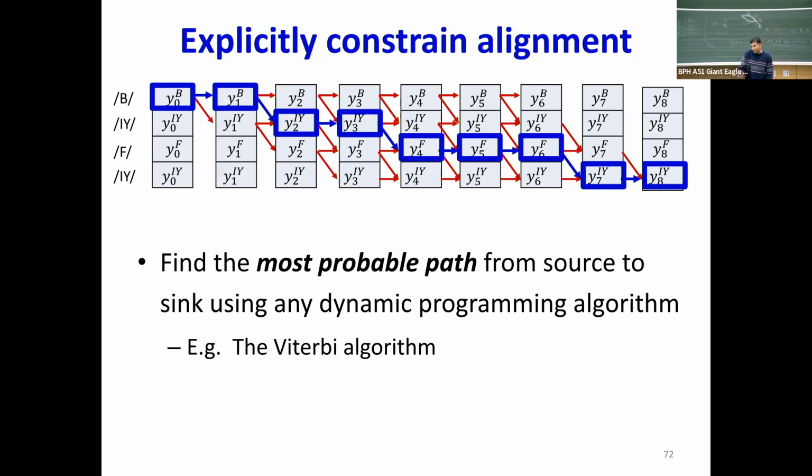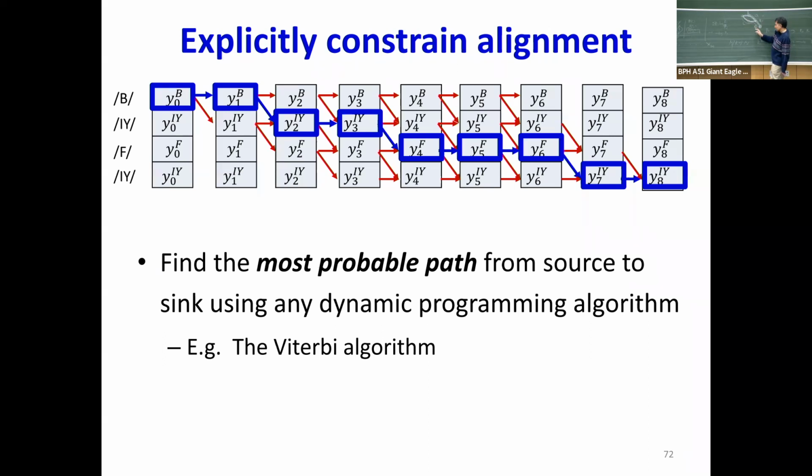No, because when you extend a path, which means that if the best path to this node goes through this guy, then this is going to be an extension of the best path to this node, right? If the best path to this node goes through this guy, then the extension must be an extension of the best path to this node.